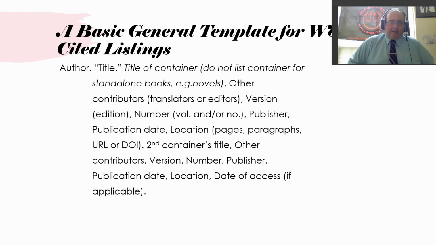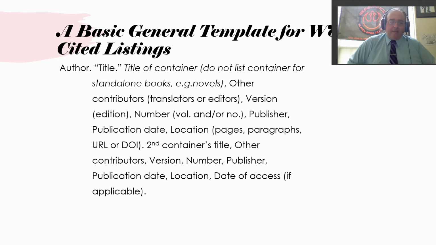Out of italics include other contributors. This would be translators or editors. Next, for periodicals, it should include a version, or this could also be for books that have multiple editions. Then following that, for periodicals, give me a volume and or issue number.